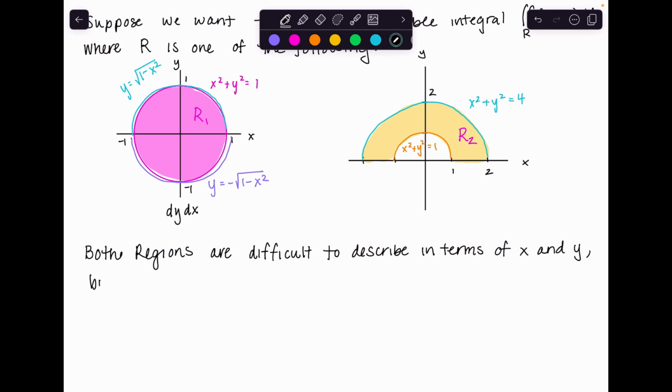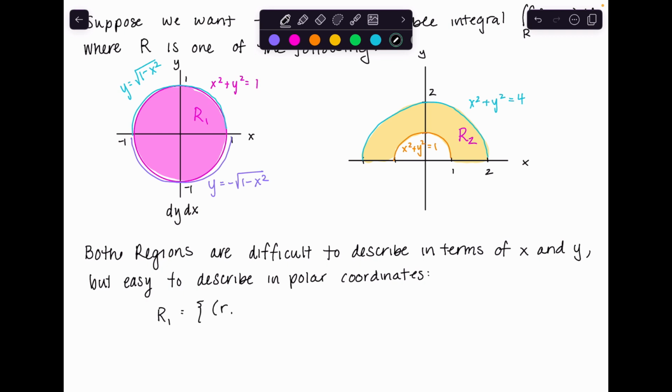However, they're easy to describe in polar coordinates. So if I think of region 1, remember for polar, you need 2 things.